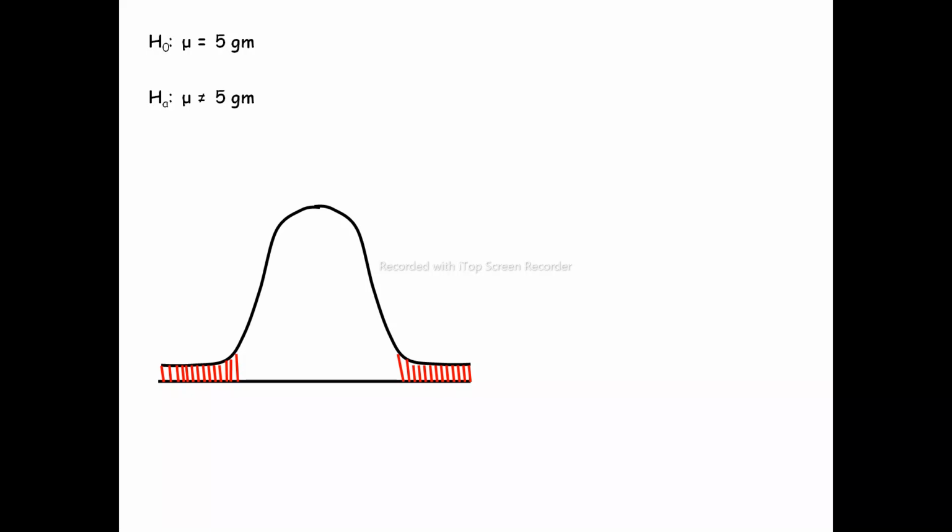This is a two-tailed test. In a two-tailed test we have shaded areas on either side, on the left and on the right. This shaded area represents the rejection region, and the area which is not shaded, that is the middle part, is the fail to reject region.